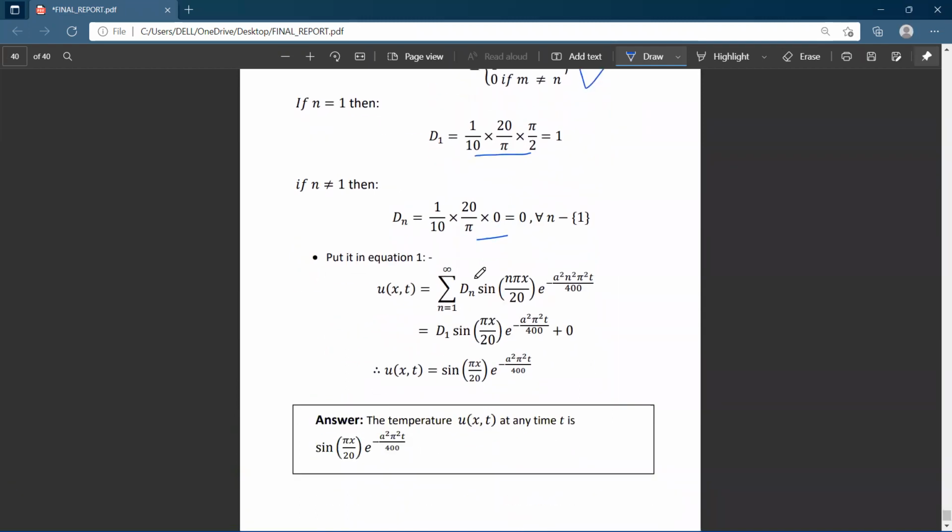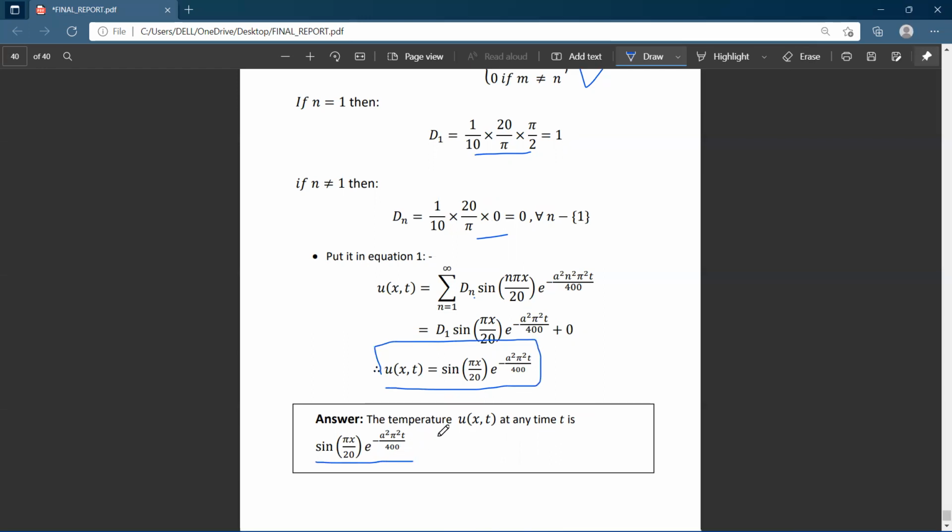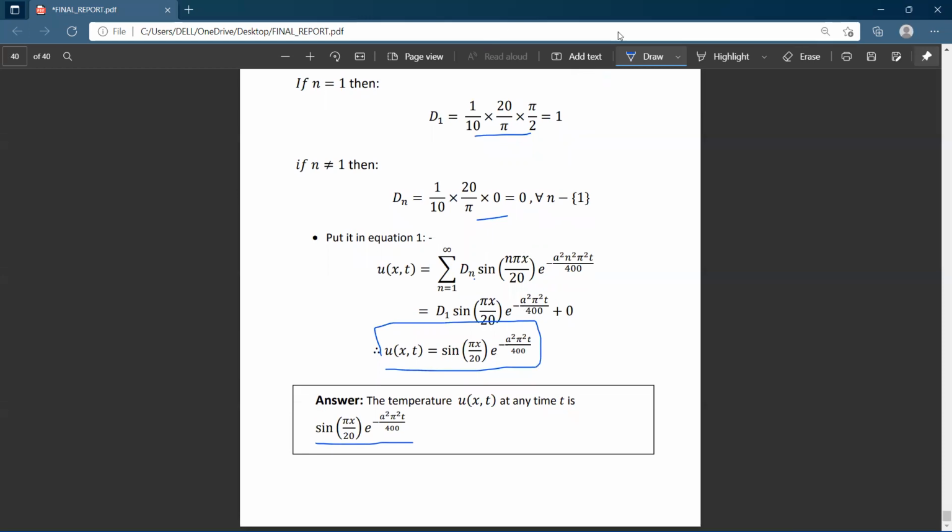So putting the value of n in this equation, we get a result only for b_1, and all the rest of the terms will be 0. So at the end we obtain this equation, which is the temperature u(x,t) at any time t on the rod. Thank you for your time and patience. Thank you so much.